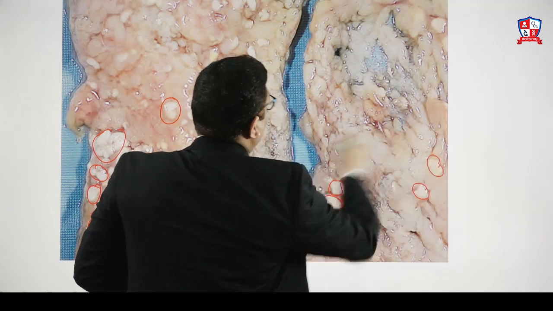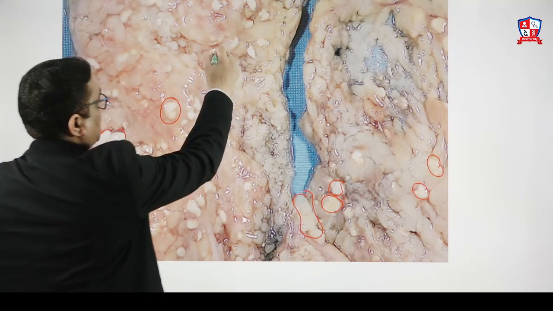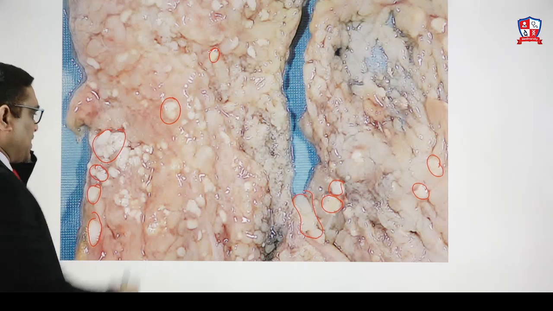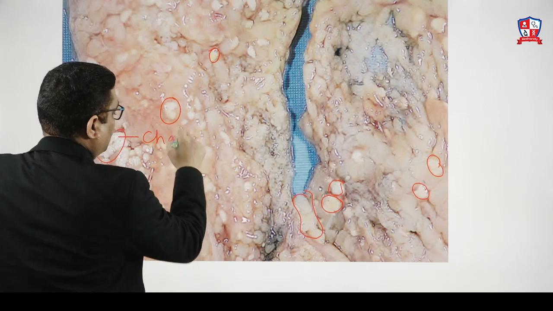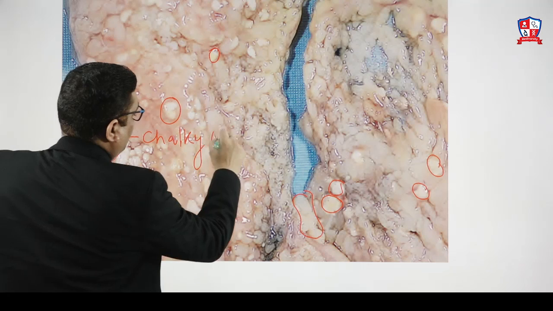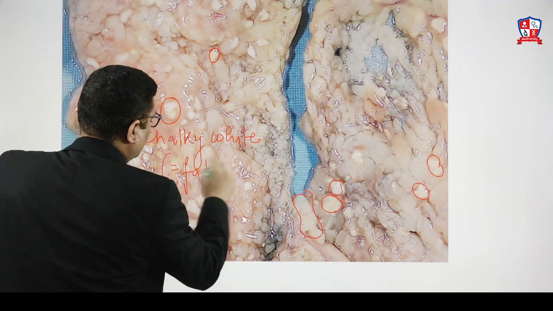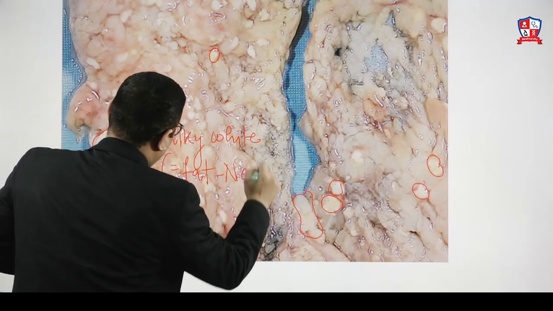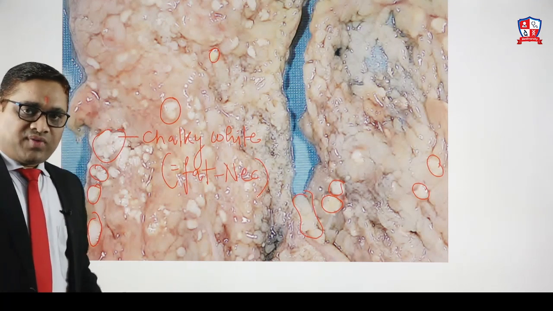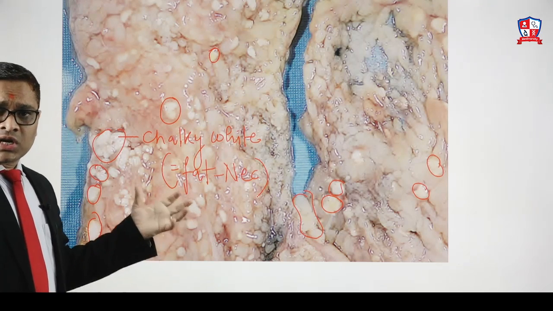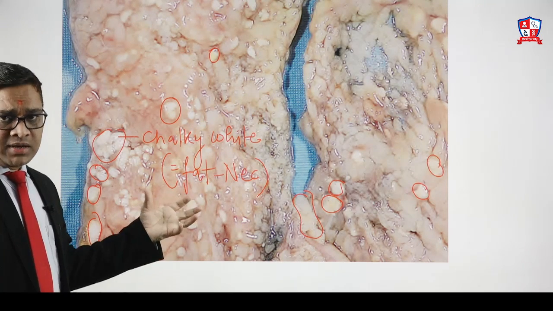That is why I said observation and comparison is very, very important, right? So these are the chalky white deposits which I was telling you. This chalky white deposit is nothing but fat necrosis, right? That's what I was telling you, it's the saponification of the fat necrosis. So chalky white areas are fat necrosis.